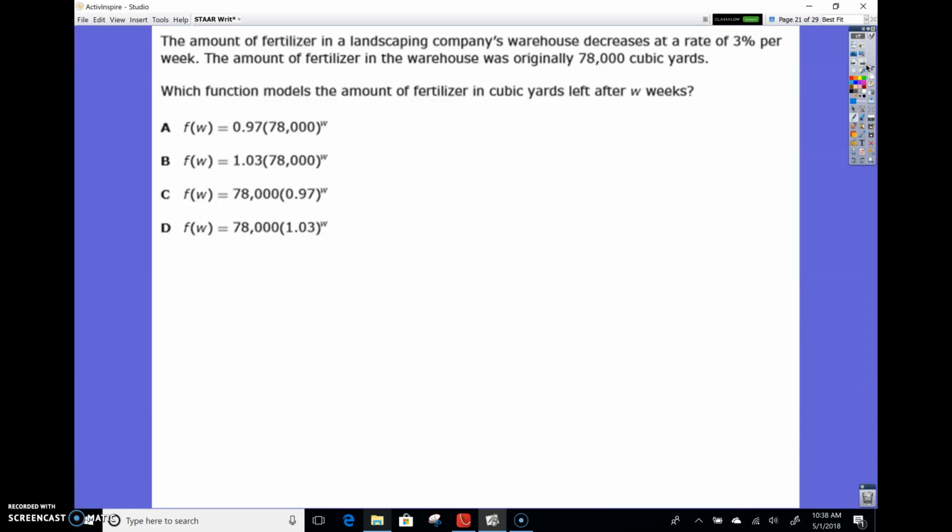Okay, alright, this one is a percent, so remember we have to use this one. Make sure you do 3% is 3 over 100, okay? So, go ahead and finish this one, see what you got.